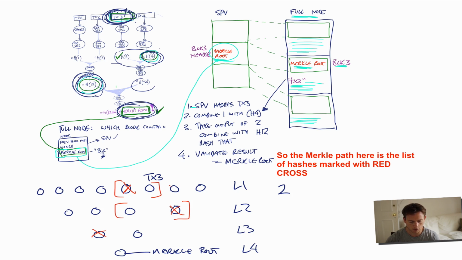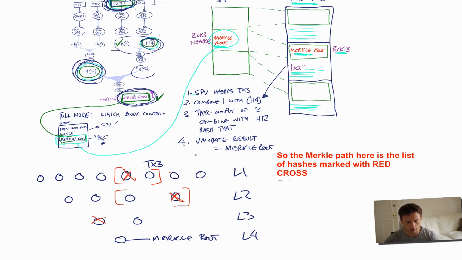And then we need to know this one to know what to combine with this one, right? So you can see these are the nodes, the ones I marked with the spot, which define the Merkle path. And the Merkle path is basically the nodes that we require the full node to send the SPV in order for the SPV to validate that TX3 must have been used to create this Merkle root, right?